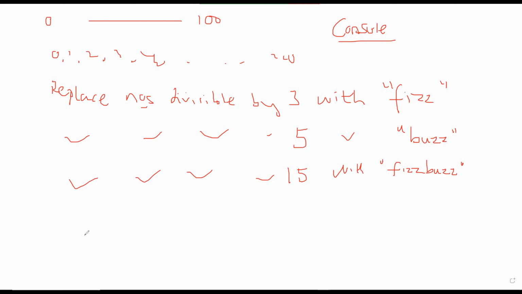So I want to see, okay, let me remove this 0. Start from 1 to 100, because 0 is common to the 3. So start from 1 to 100.